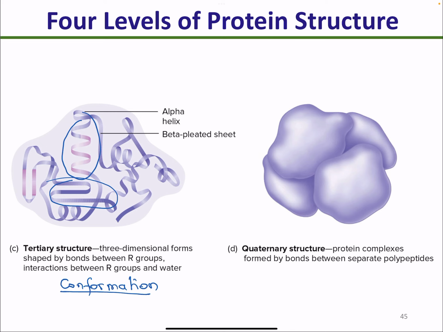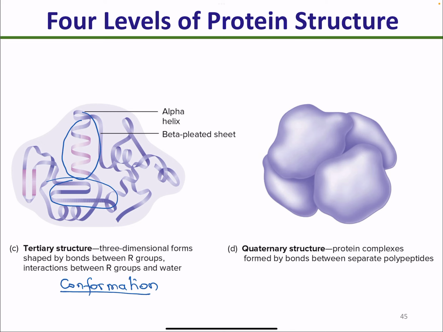As they form complexes with other proteins, this is when they are happy, right? If you consider a protein such as hemoglobin that carries oxygen in your system, well, guess what? One molecule of hemoglobin in your blood cells cannot carry oxygen.